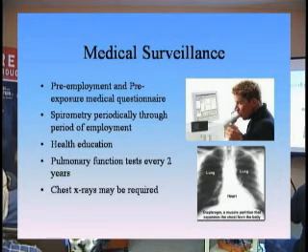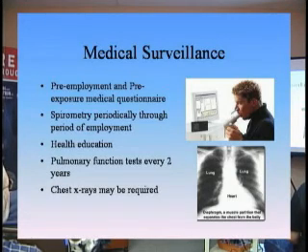So what you could do in all of these sectors, or any sectors that you work in, is medical surveillance. What this includes is pre-employment and pre-exposure medical questionnaires. Spirometry, which is what this guy is doing right here, can be done periodically throughout the period of employment. And what spirometry does is basically test your lung function.